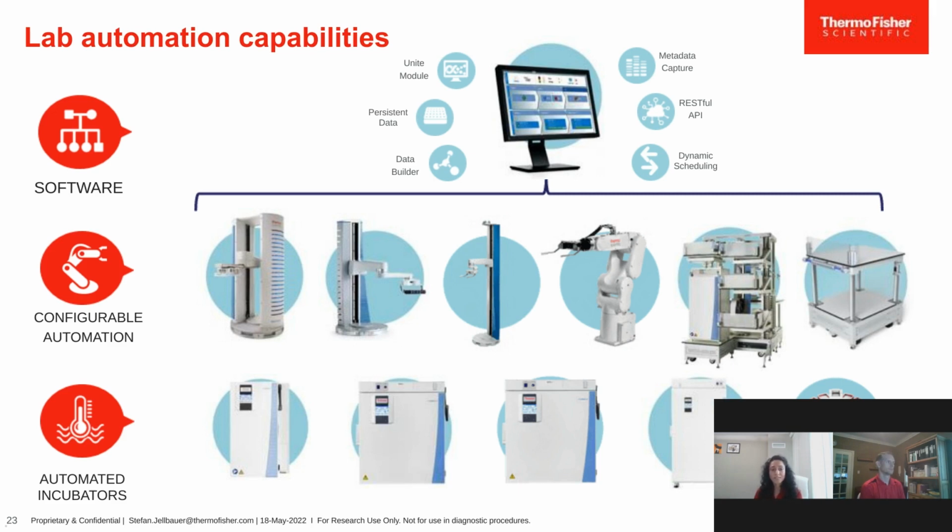The middle or second layer consists of our configurable automation. This includes robotic movers, where we offer stationary movers, which could be stationary or on a linear track. We also have tall movers gaining space in the vertical axis.